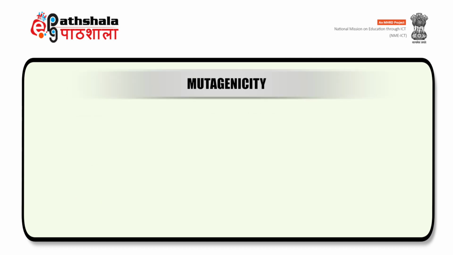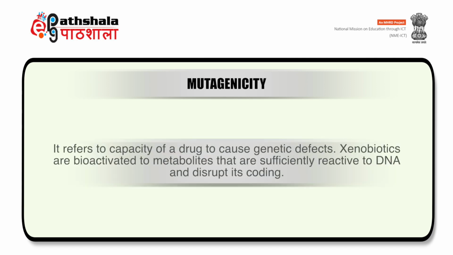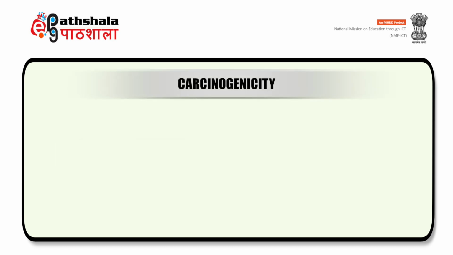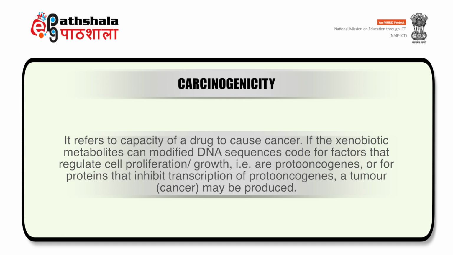Next we will discuss mutagenicity. Mutagenicity is the capacity of a drug to cause genetic defects. Xenobiotics are often bioactivated to metabolites that are sufficiently reactive to DNA, and then they disrupt its coding. Now what happens in carcinogenicity? It is the capacity of a drug to cause cancer.